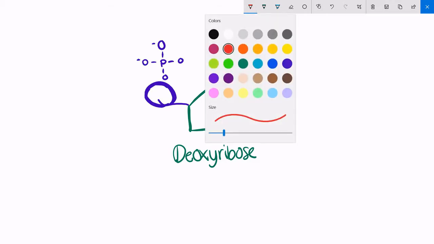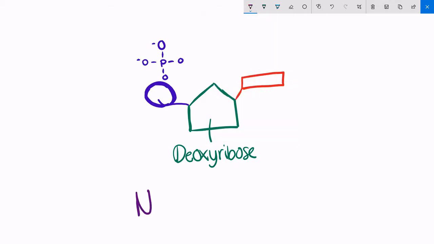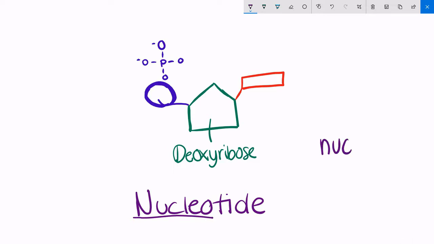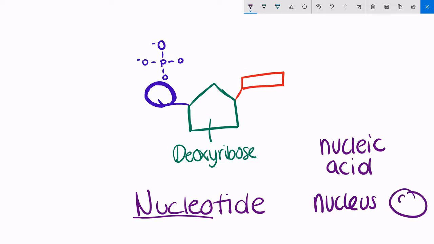So, the word nucleotide, you may recognize nucleo from nucleic acid. And also you might know the word nucleus in a cell. If we took a cell and put it under a microscope, you would see this big structure that's the nucleus.